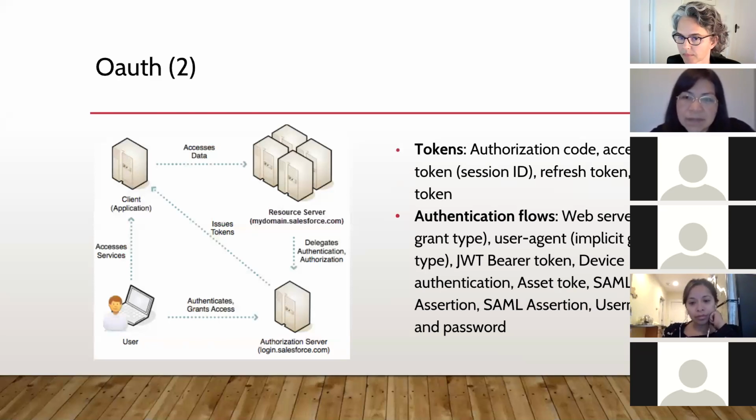But maybe sometimes you have devices or Internet of Things. In these cases, you can use these other types of flows to send information between the authentication server and Salesforce. And also, I didn't get much of the SAML ones, but for example, sometimes you have already authenticated with another identity provider, and you want to use that authentication with Salesforce.